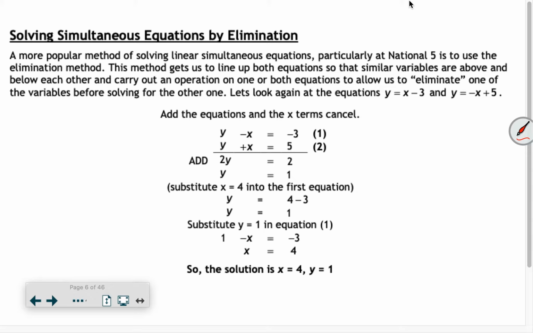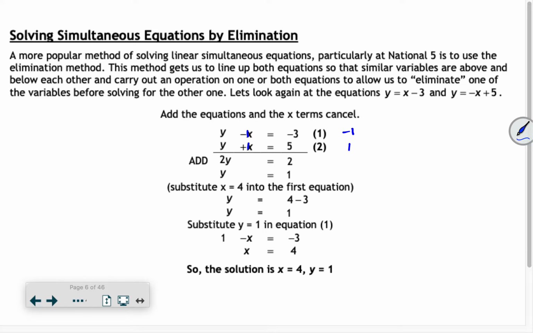So for example, here we have y minus 1x is equal to minus 3. And we have y plus 1x is equal to 5. So I've got a minus 1 on that equation, and I've got a 1 on that equation.